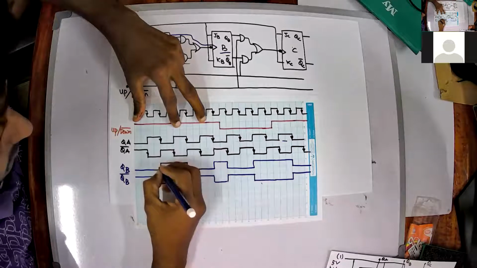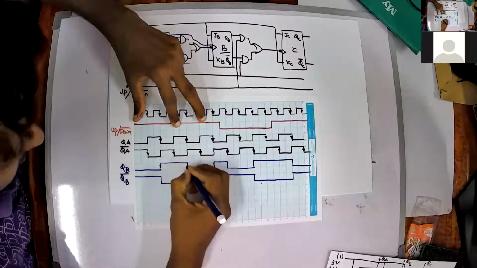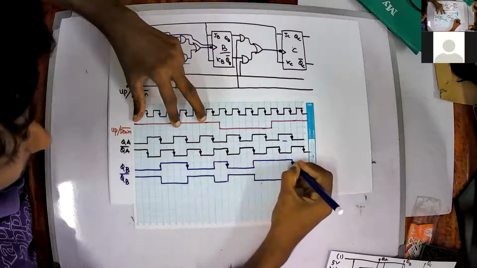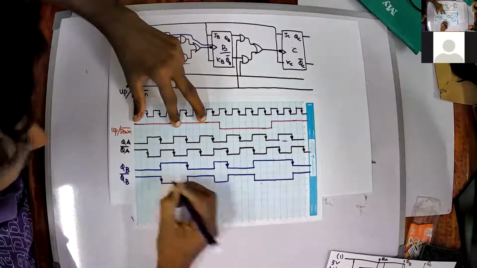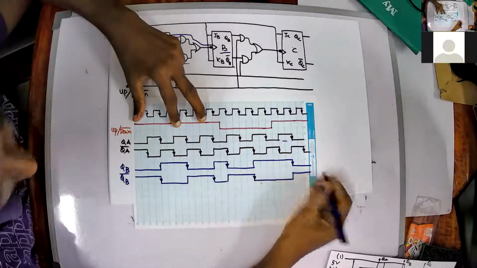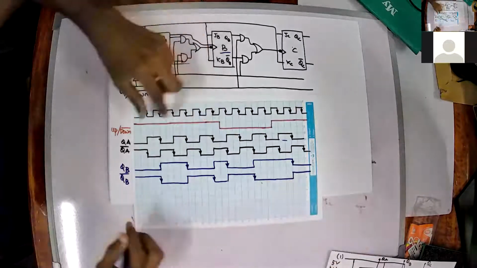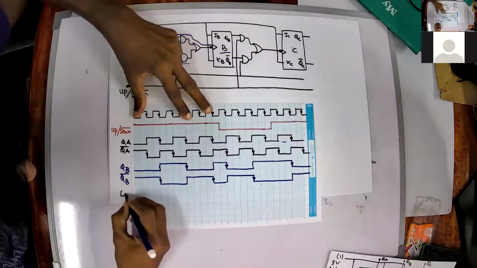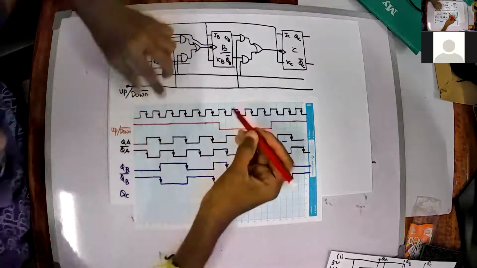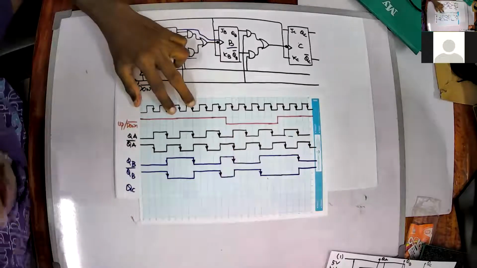So I'll mark the negative edges of both QA bar and QB bar. Okay, that's it. Now let's see how QC changes.